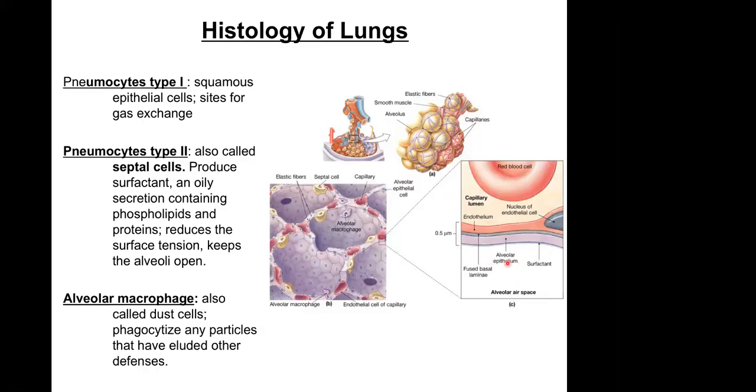So what happens when oxygen is in high concentration in the alveolus and low in the blood? Oxygen can diffuse. Oxygen diffuses this way from the alveolus to the blood, and carbon dioxide diffuses from the blood to the alveolus, and that phenomenon is called gas exchange. It happens through these three layers, which are commonly known as the respiratory membrane.